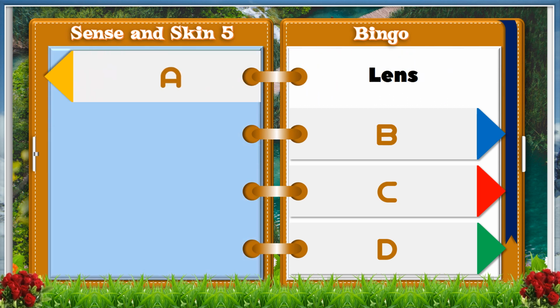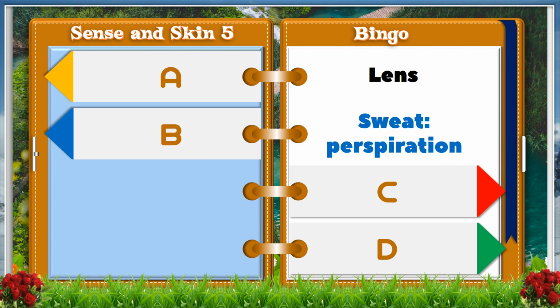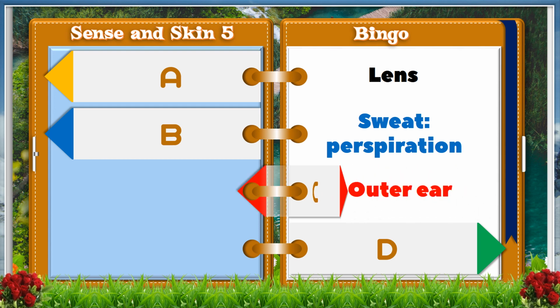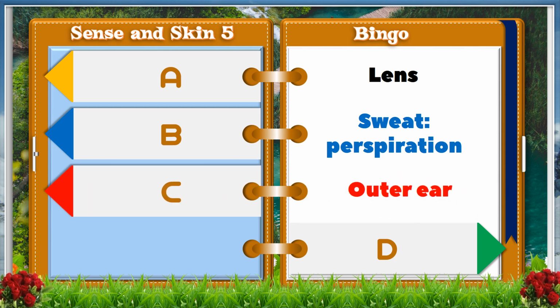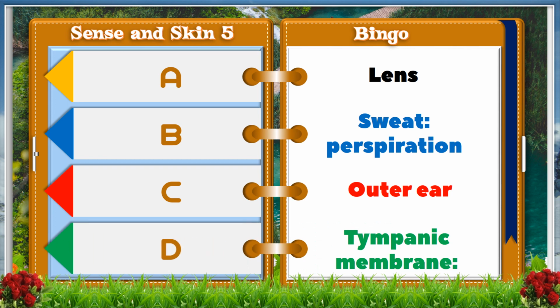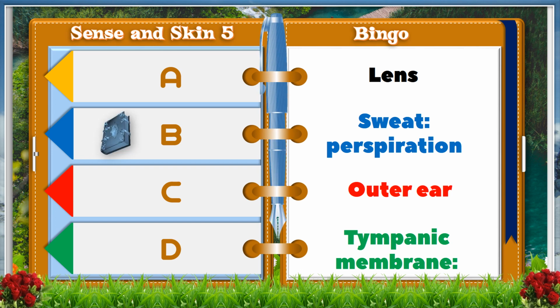A. Lens. B. Sweat or perspiration. C. Outer ear. D. Tympanic membrane. And the answer is B. Sweat or perspiration.